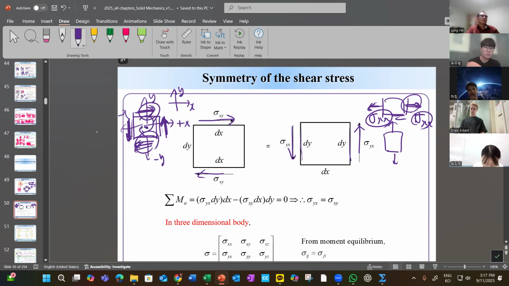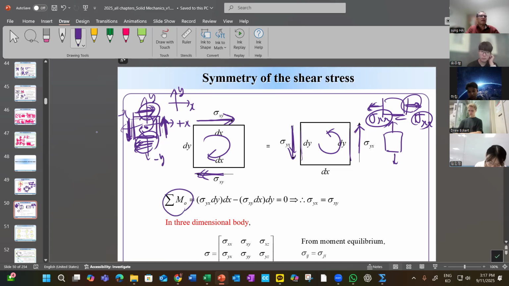Why do we consider rotation? Because these two forces may cause a rotation, twisting. And these two forces, even though they are in force equilibrium, they may cause a rotation. So to have this body in rotational equilibrium, we have to have a moment equilibrium.